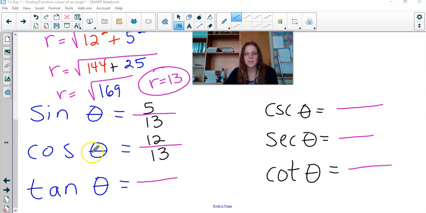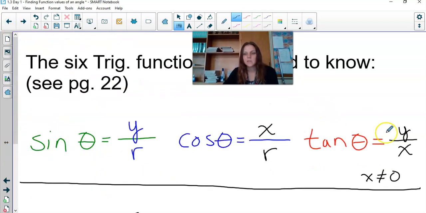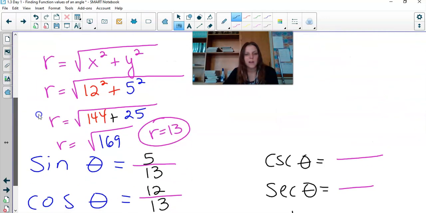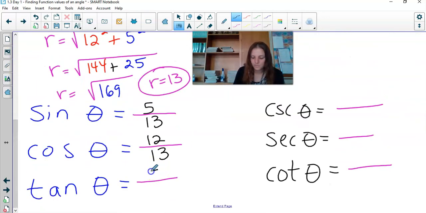Okay, then finally we need the tangent. The tangent, according to this, is the y over the x. Y is 5, x is 12. So 5 over 12. Now, the good news is once you have the main 3, the other 3 are literally just your reciprocals. So you're going to take the 5 over 13 and flip it over.